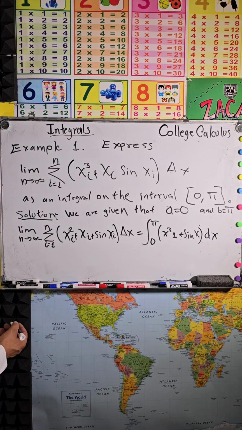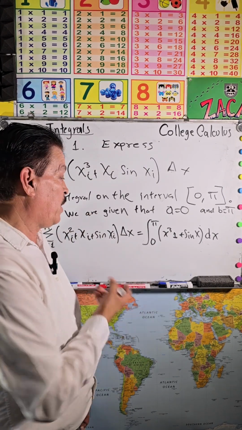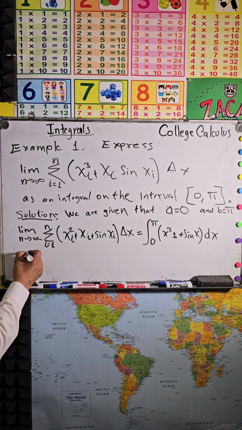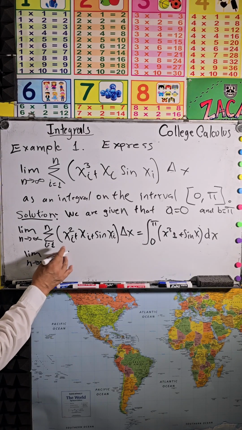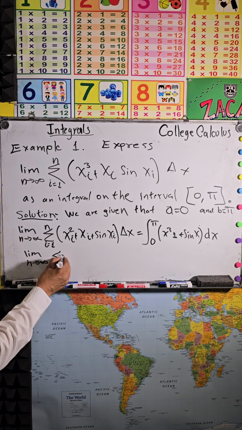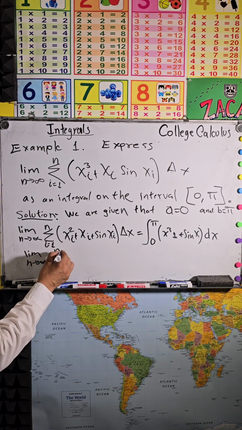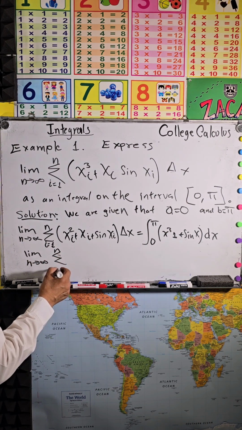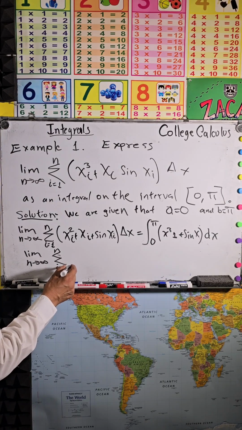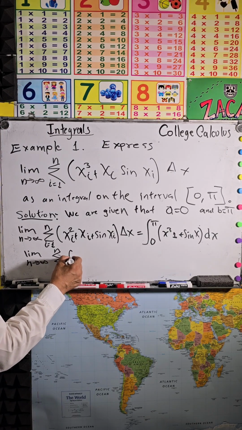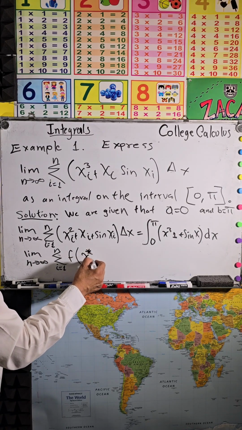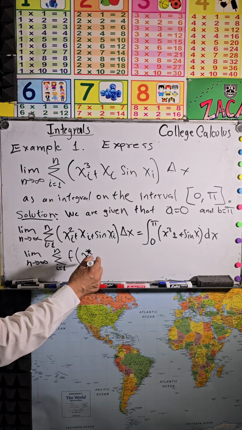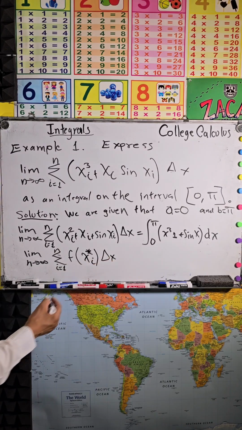So in general, when we write this, we have to write a limit, with n approaching infinity, the sum from i equals 1 of f of x i star, remember this star I gave you in the concept, times delta x.